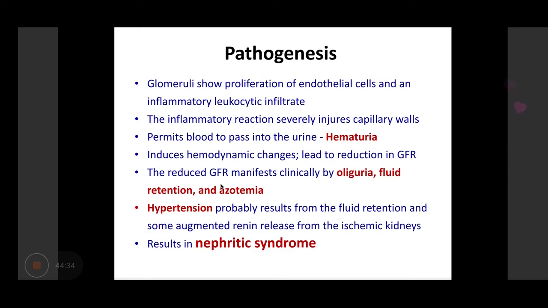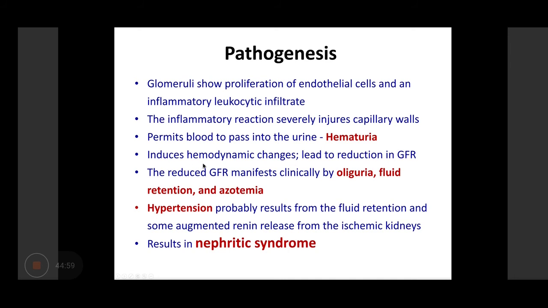Now, how does nephritic syndrome develop in these patients? The glomeruli show proliferation of endothelial cells and an inflammatory leukocytic infiltrate. This inflammatory reaction severely injures the glomerular walls, therefore increasing their permeability. This allows blood to pass into the urine, producing the first symptom of nephritic syndrome, that is hematuria.